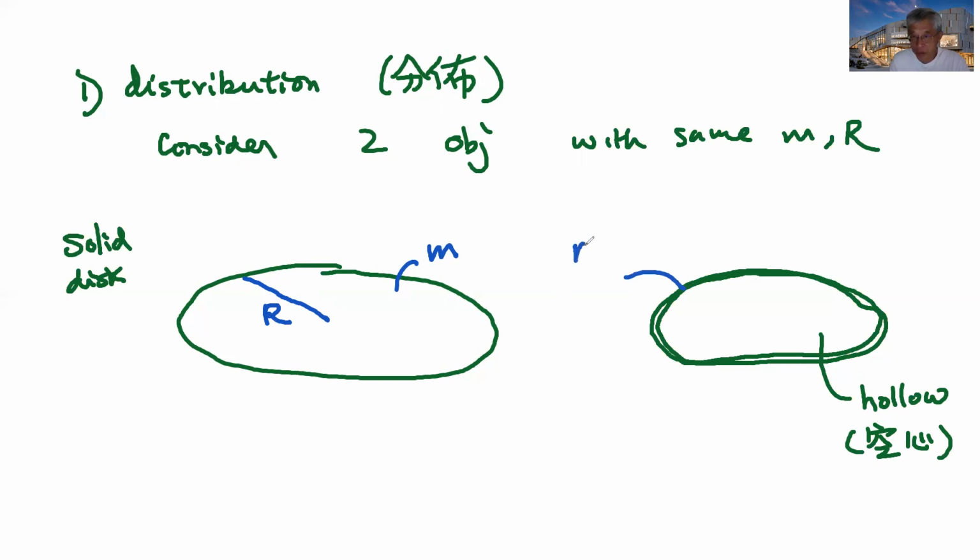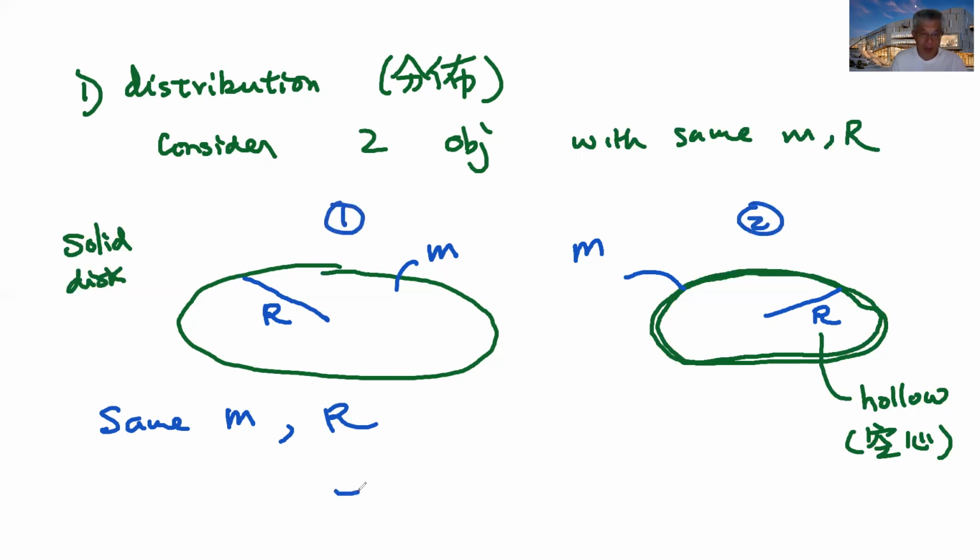This is also M, and this is also R. So in these two cases, I is different, even though they have the same M and same R. Let's say this is 1 and this is 2. Your I1 is obviously not the same as I2, because of the distribution of mass.